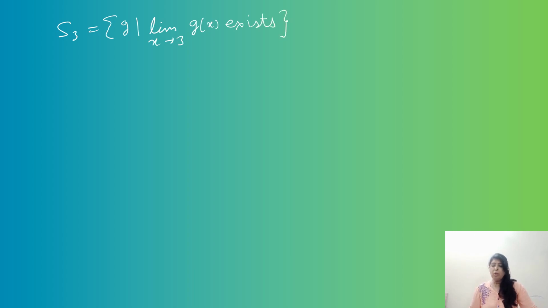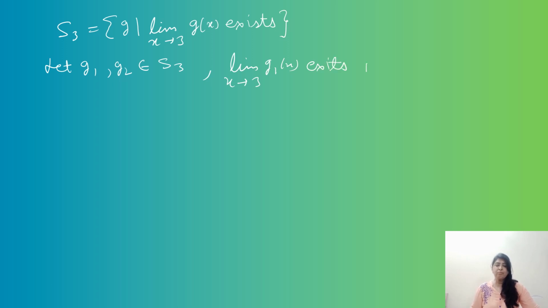So let G1 and G2 belong to S3. So the limit of G1(x) as x approaches 3 exists, and the limit of G2(x) as x approaches 3 exists.